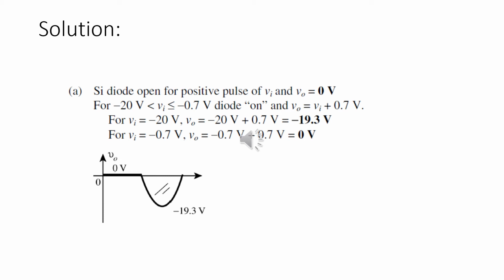Putting the negative value of Vi, which is minus 20, this gives us minus 19.3. So you can see the amplitude in the reverse direction is minus 19.3. And if we put minus 0.7 over here, then it will make it 0.